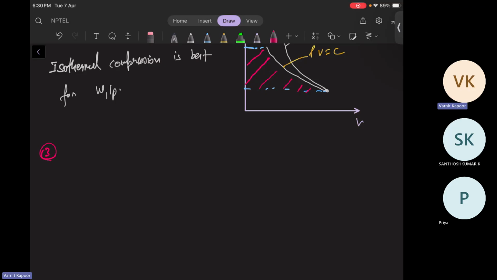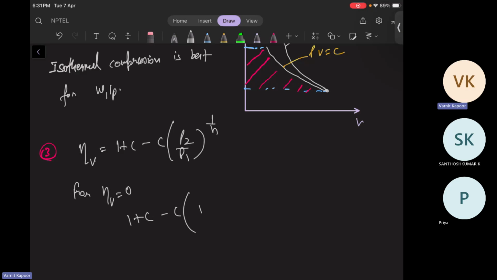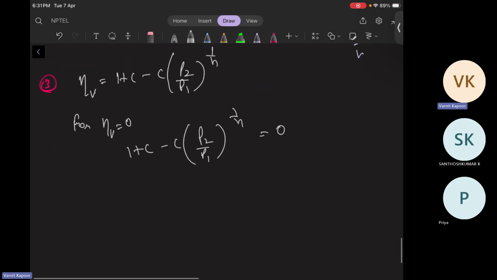I've written this point already, and we have seen the volumetric efficiency. So when will the volumetric efficiency be 0? We had an expression for volumetric efficiency which we derived in the last tutorial: 1 plus C minus C times (P2 by P1) power 1 by n. For volumetric efficiency to be 0, put this expression equal to 0.